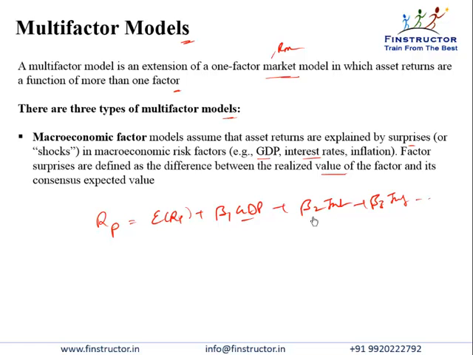If there is no surprise on any front, then the return will be given as the expected return. So the constant in the macroeconomic factor model, remember, is the expected return in the absence of any surprises.